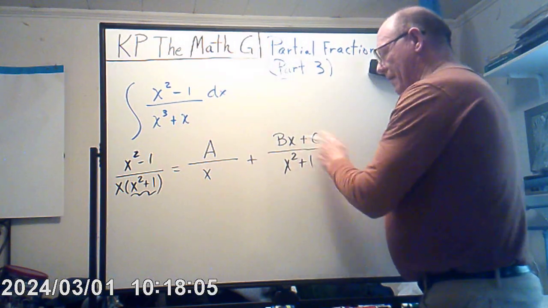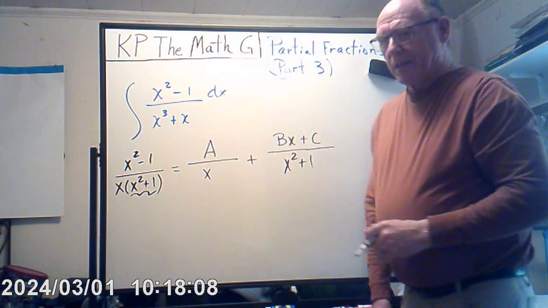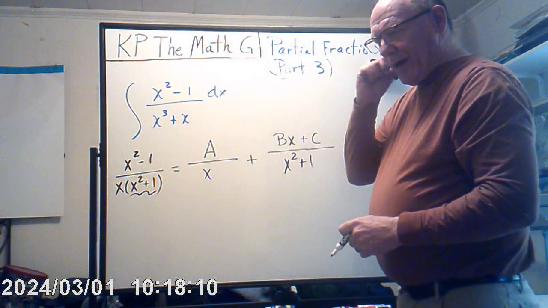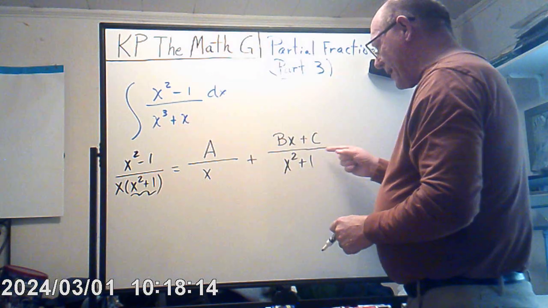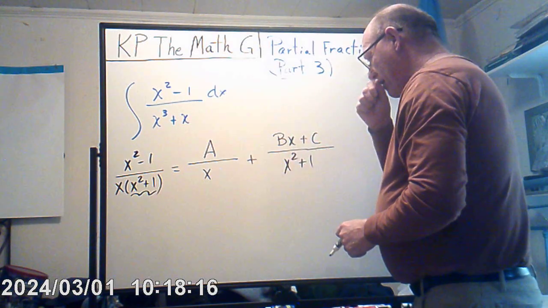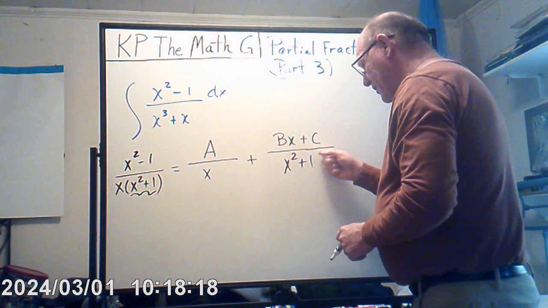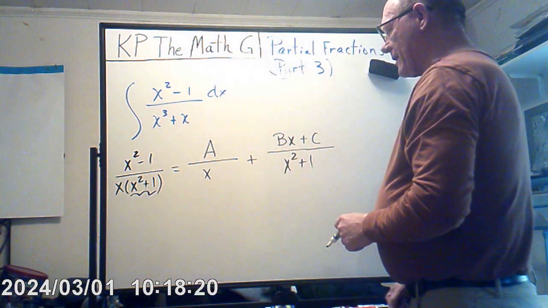This is the common thing. If you find that there's something that will not factor, you just go ahead and put that bx plus c here, just like that.